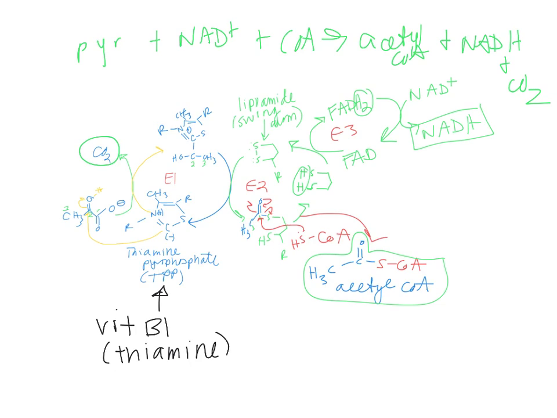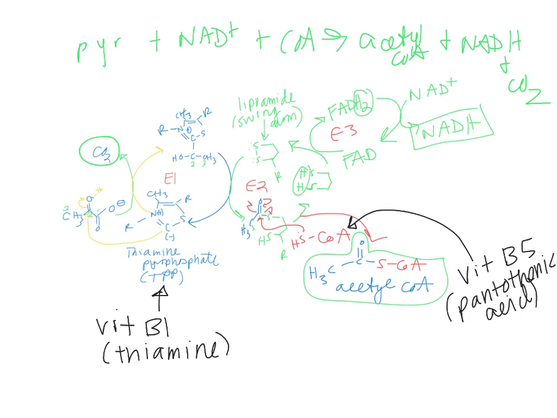Let's see here where am I gonna go next? Let's go to CoA. So CoA comes from vitamin B5, which is also known as pantothenic acid. FAD comes from vitamin B2, which is also known as riboflavin.